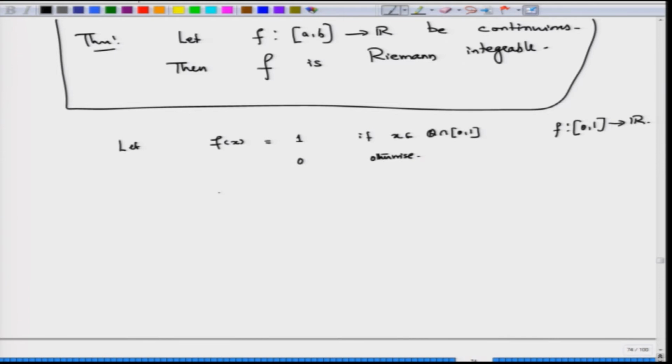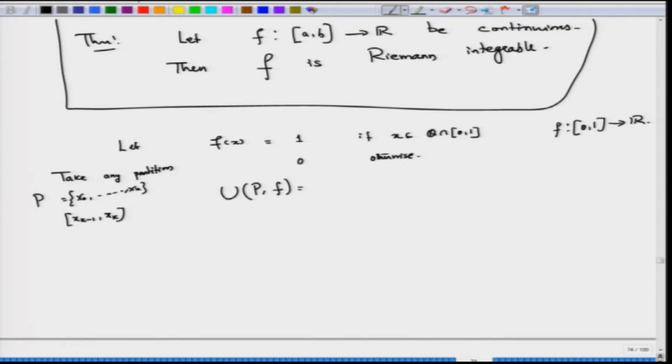Now, look at U_P of f. You take any partition P equal to x_0, ..., x_n. Now, you consider the interval x_{k-1} to x_k. In this interval, definitely there are going to be rationals, since any interval contains rationals.